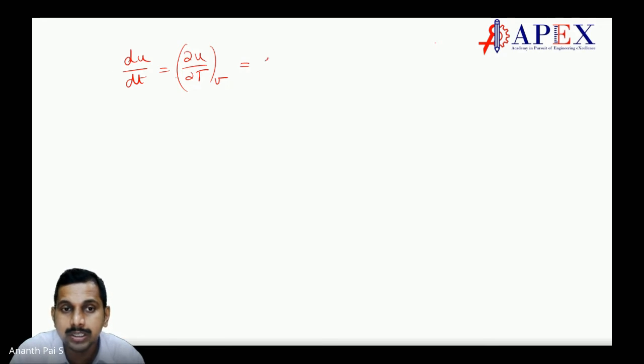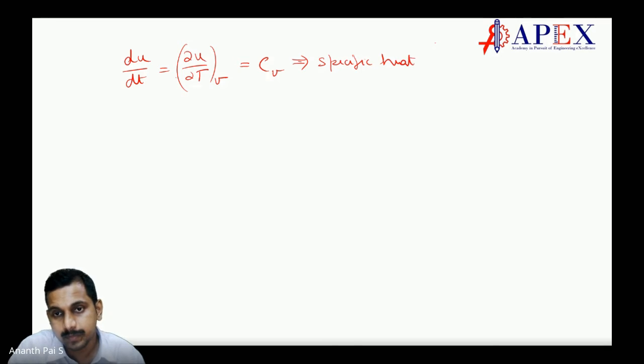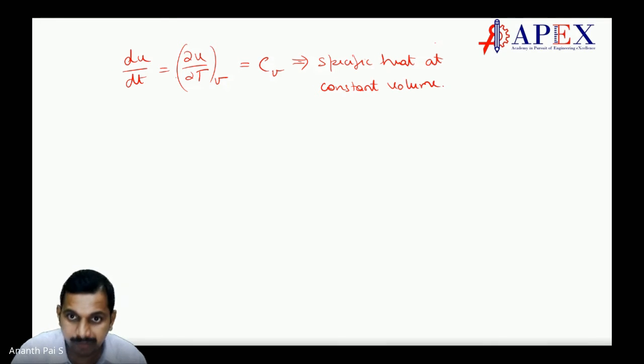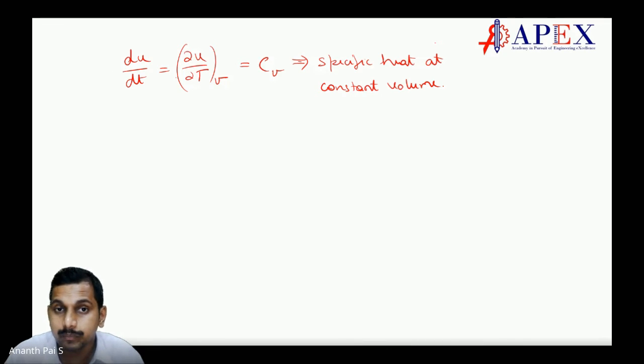This is called Cv, specific heat at constant volume. We will go to the depth of this. This is a very interesting one. Now Cv, what is the unit for this?